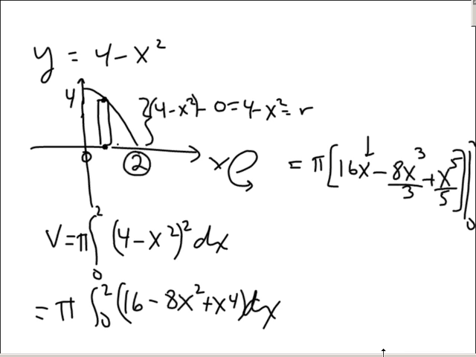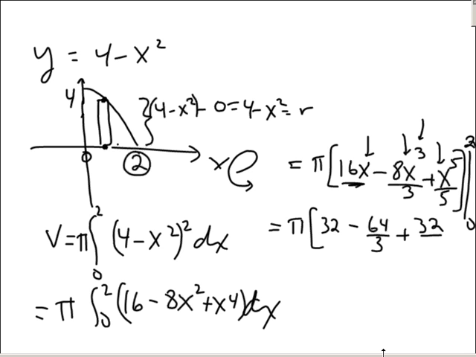Since each term has an x in the numerator, when you plug in 0, you're going to get 0. So we just need to plug in 2. 16 times 2 is 32. 2 cubed is 8, times another 8 is 64 over 3. 2 to the 5th, I think, is 32 over 5.